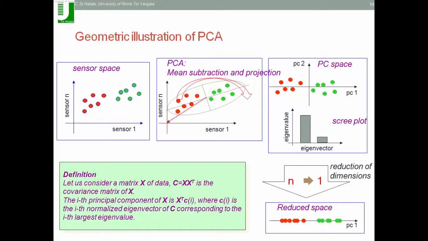And this defines a covariance matrix of these two. The covariance matrix is simply the product of the multivariate data times its transpose, and this is the ellipse associated with the covariance matrix.